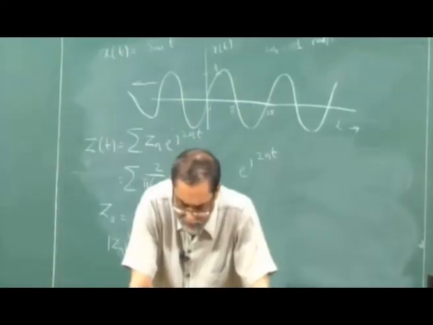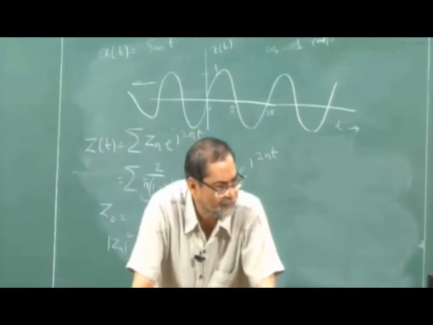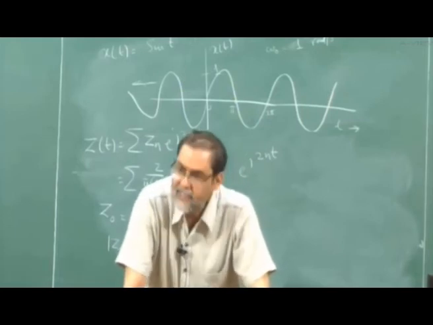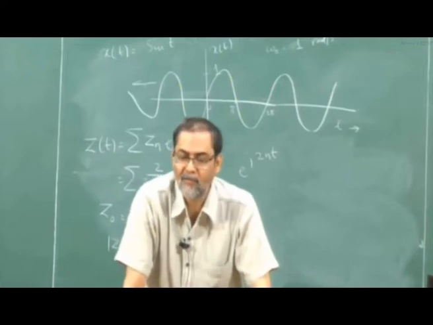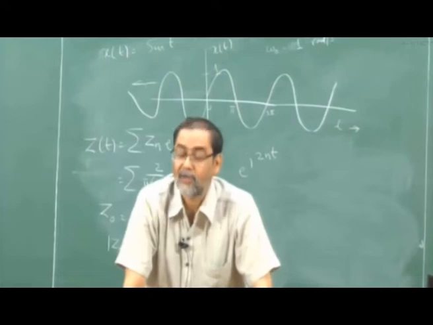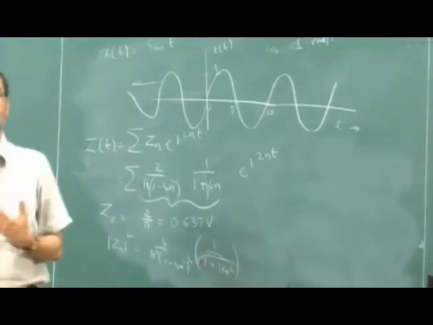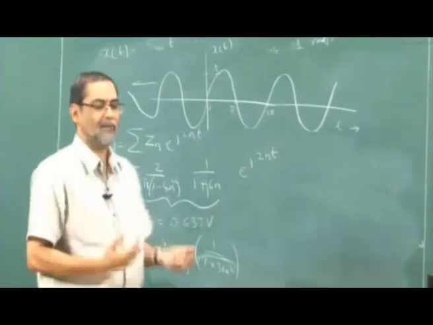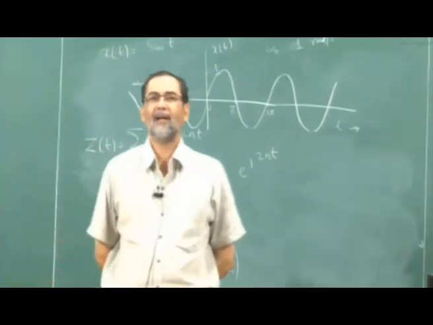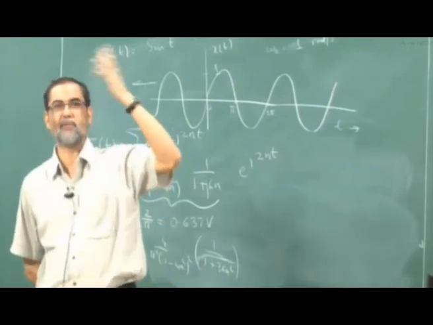There are problems and there are opportunities. So advantages are: in the exponential form I can directly invoke eigen function relationships, that is the big advantage. And in the exponential form, multiplication and all similar manipulations become easy. You know that when you multiply sine and cosine, you have to remember all those trigonometric relationships.